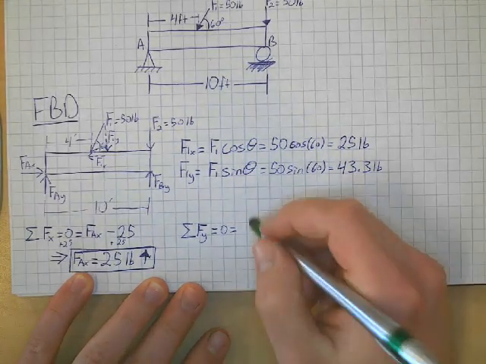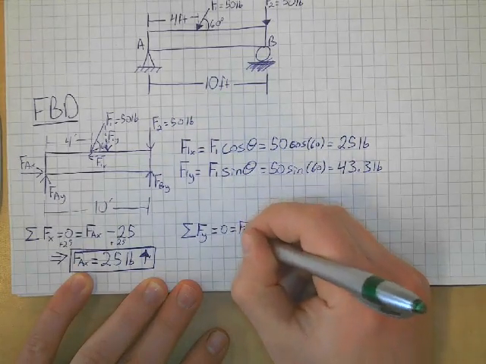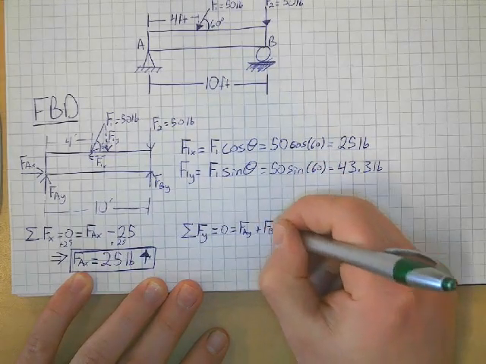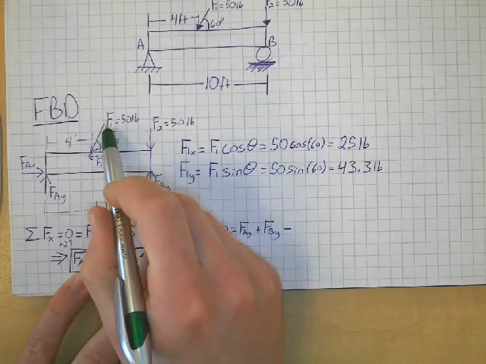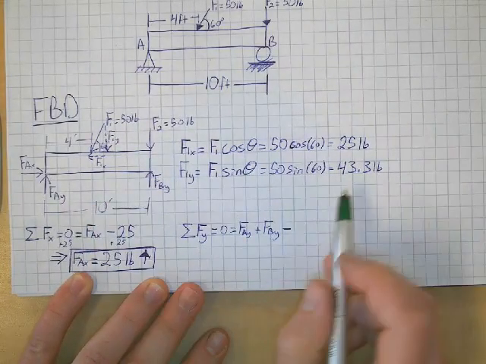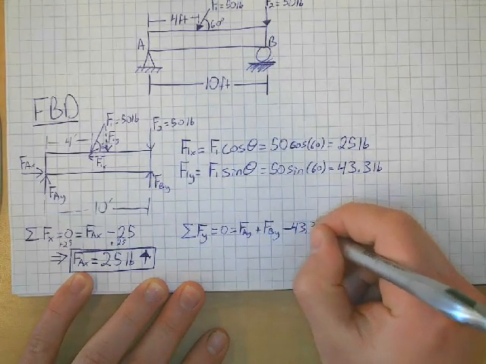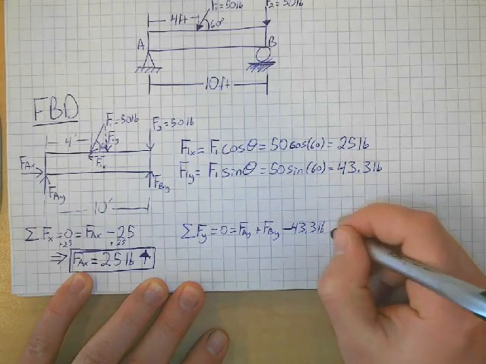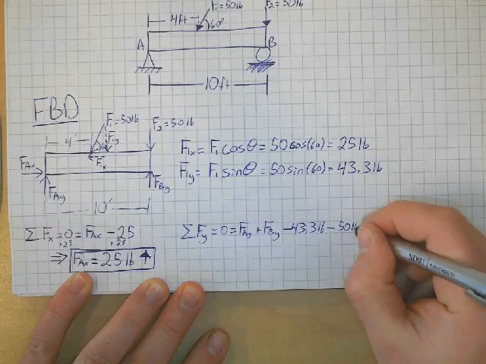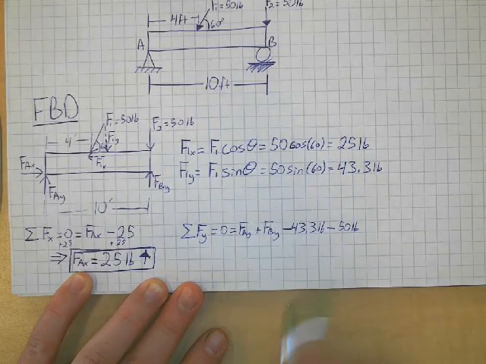Those are equal to FAY plus FBY minus the y component of F1, which is going down because it was going down and to the left, so I'll say that's a negative 43.3, so minus 43.3 pounds minus, again, going down, 50 pounds. And I can't do anything more with that because I have two unknowns and only one equation.